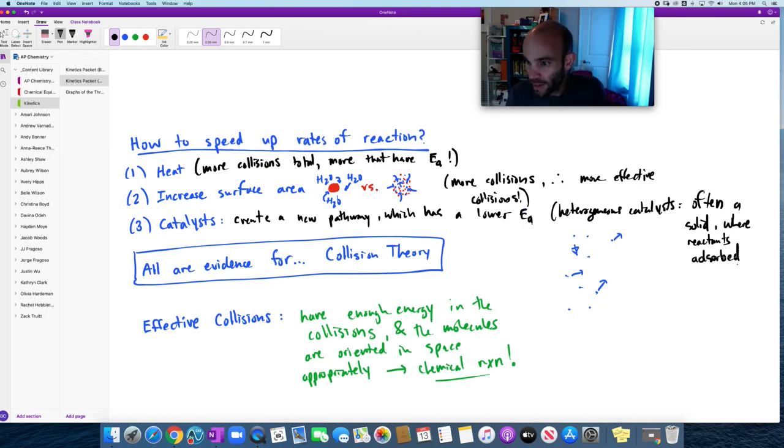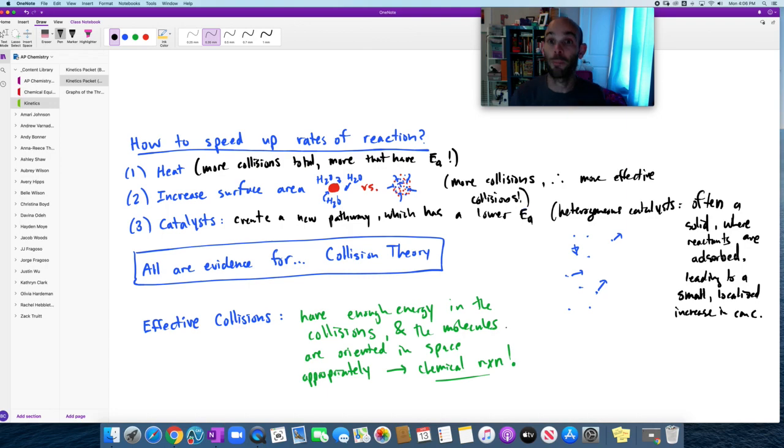So reactants are adsorbed, and so you get a little localized increase in concentration.